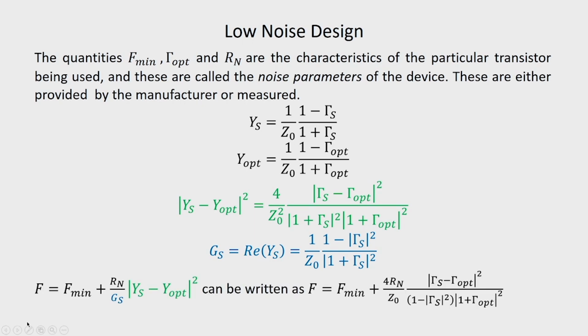Then in the expression for f we substitute g s and mod of y s minus y opt square from here, and then we get the expression for f as f min plus 4 r n divided by z naught into gamma s minus gamma opt magnitude square divided by 1 minus magnitude of gamma s square into 1 plus gamma opt magnitude square.